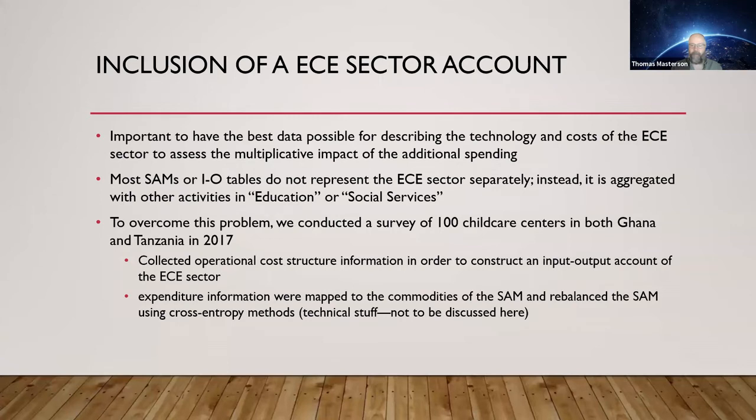So we get a structure based on the different kinds of inputs, and then we use that information to map it to the commodities in the SAM and rebalance the SAM using cross-entropy methods. That's technical stuff, and according to Ajit, whose slides I'm using, that's not to be discussed here. So that's super secret. Also, I don't know how to do it, so I can't really answer questions about it. Maybe Louisa can. Or not.